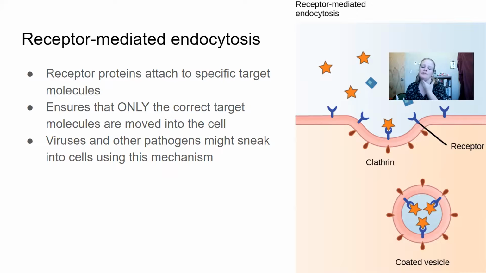They might have adapted similarities to the substance that the cells want, and coat themselves in that, and then our cells bring them in thinking we're just trying to translocate something, and then we're like, ah, crap, now we're sick. Okay, so that's receptor-mediated endocytosis. The big difference is that we have receptors.